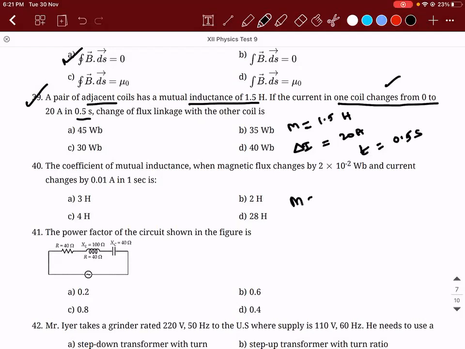So mutual inductance will be equal to change in flux divided by the change in current.